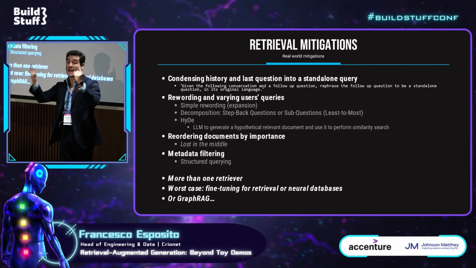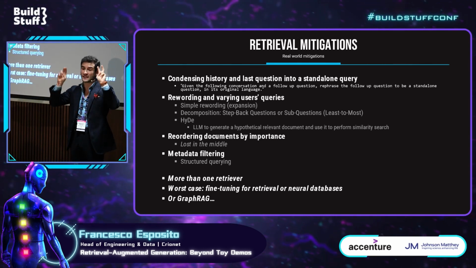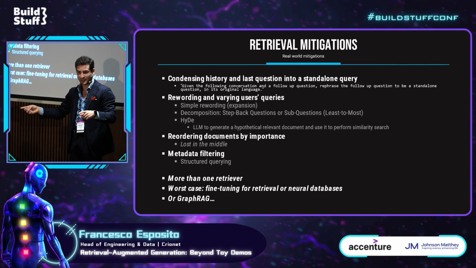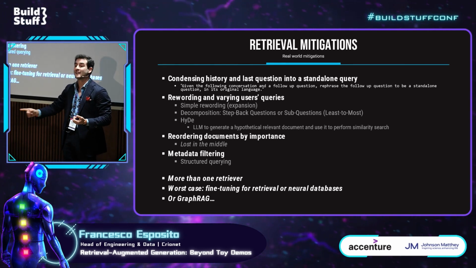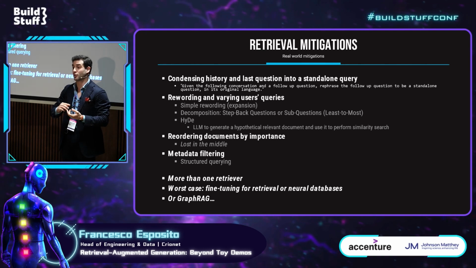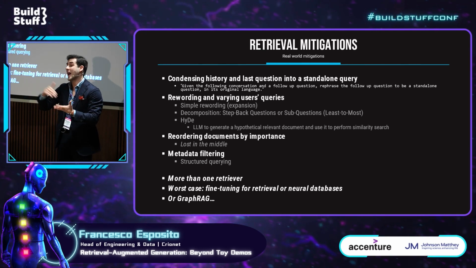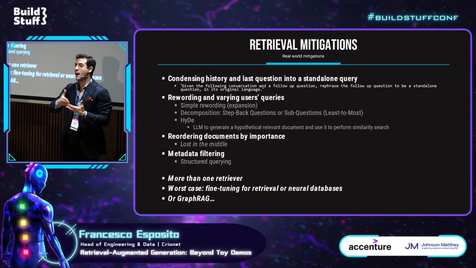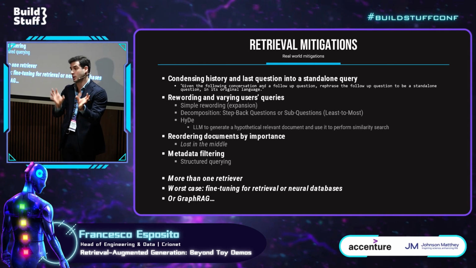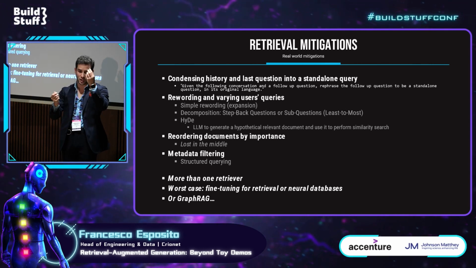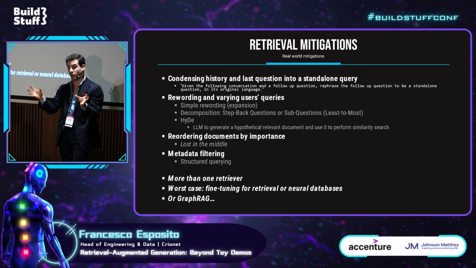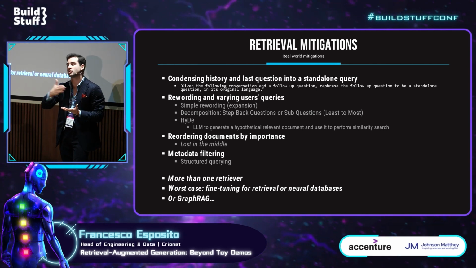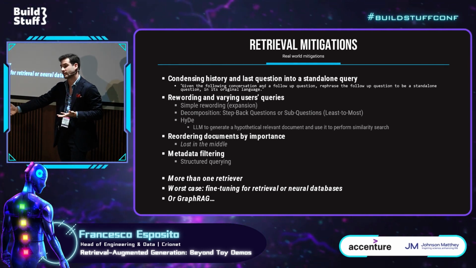So we will embed the generated fake document to query the vector store, trying to search for real documents that should answer the same question because they would look the same. Of course, the content should be different, but the form, the words used should be similar.